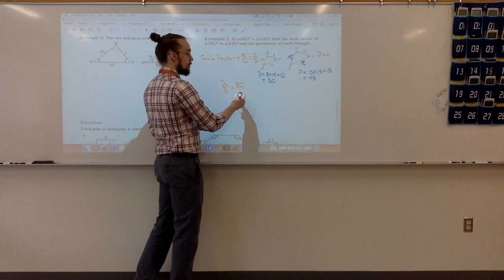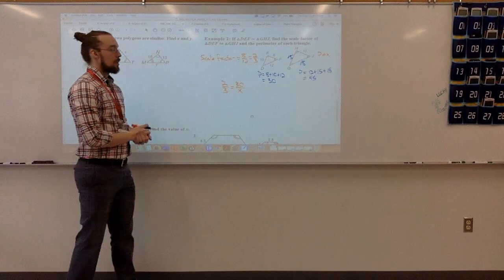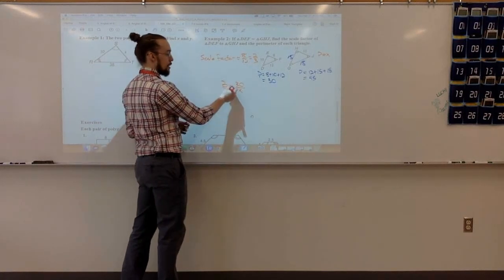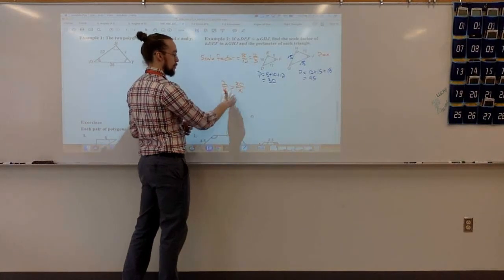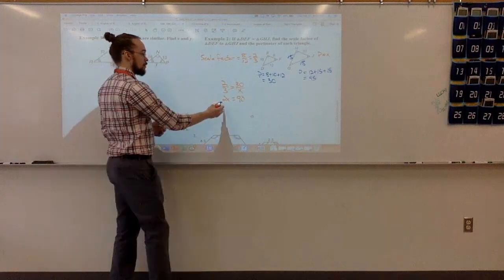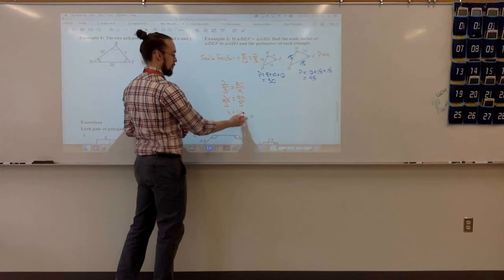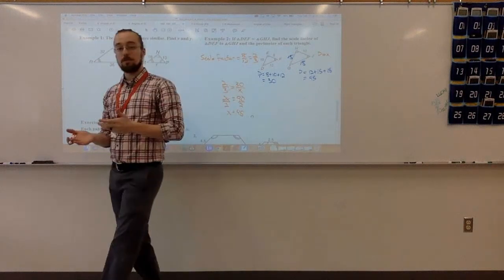The perimeter of this one we're just calling x. So solving this proportion, we cross multiply 2 times x and 3 times 30. So 3 times 30 is 90, 90 divided by 2, we get that x is 45.